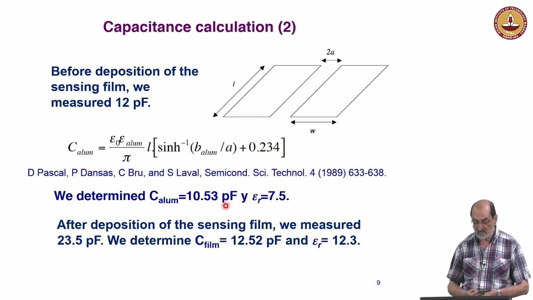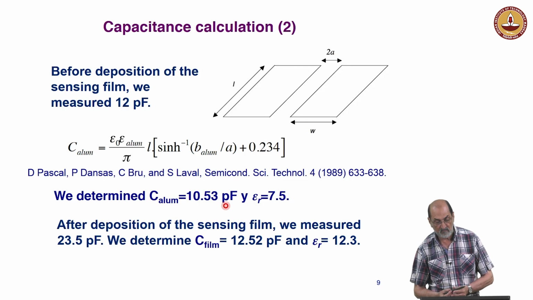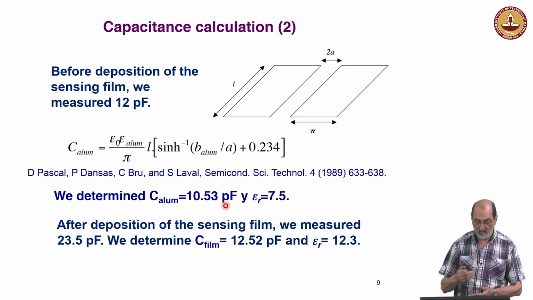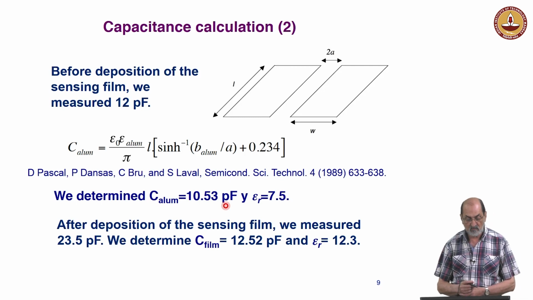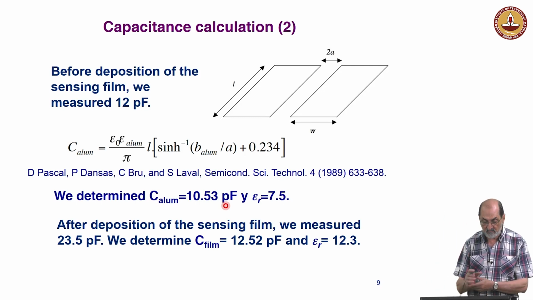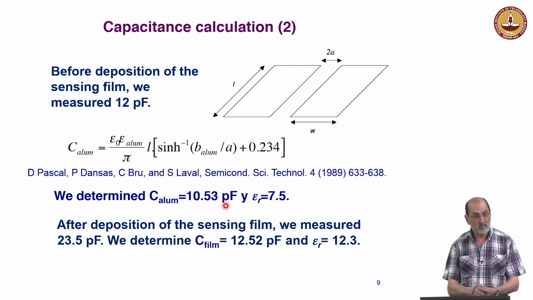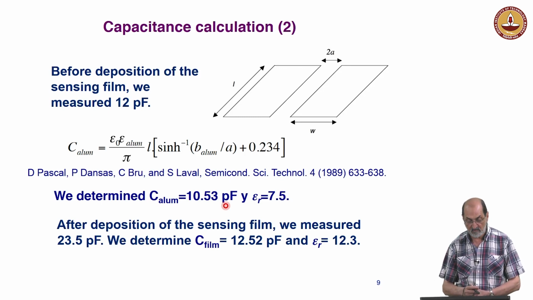So it was fine. What we were measuring before the sensing film was essentially due to the substrate. But after the deposition of the sensing film, we measured about 24 picofarads. So we determined that the difference, about 12 to 13 picofarads, is the capacitance of the film we just added.